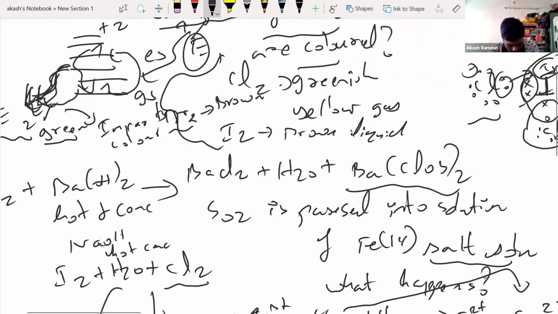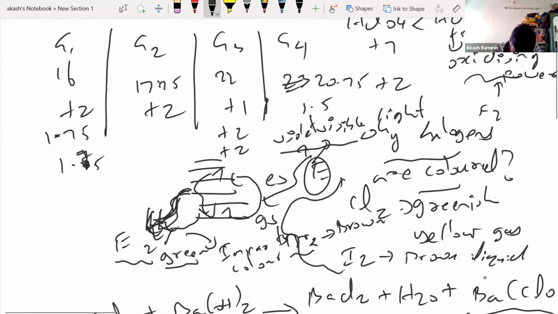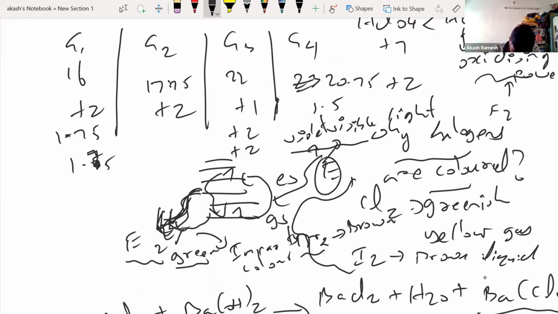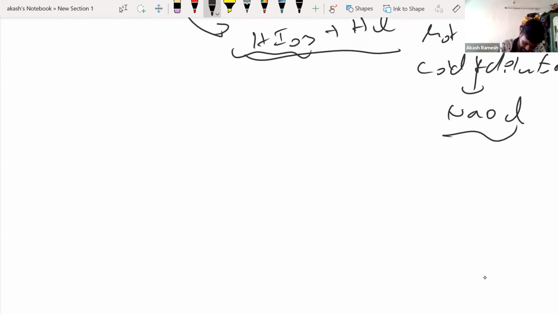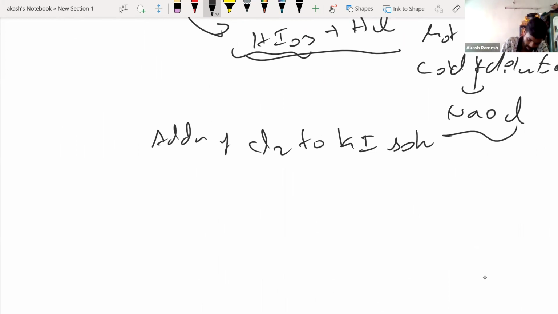Next question for group 2. The question is: addition of Cl2 to KI solution gives a brown color.